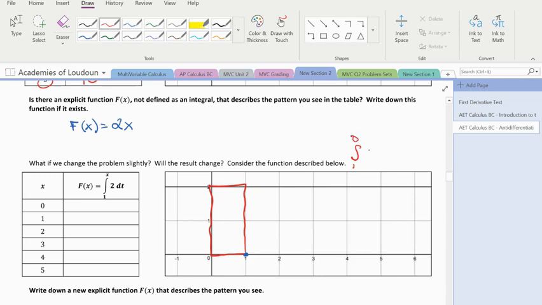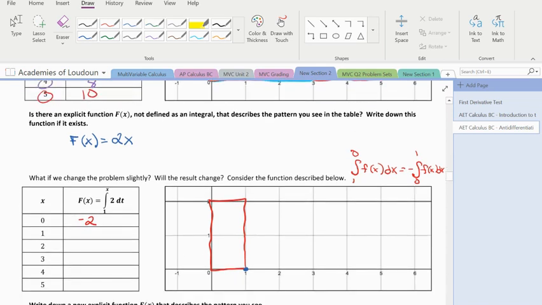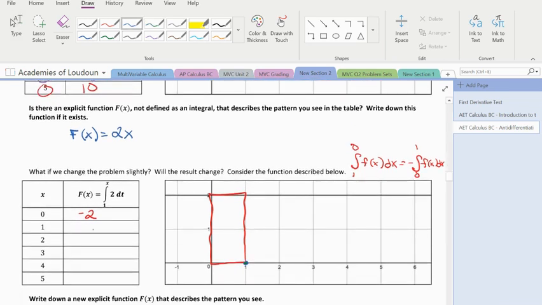And if I'm working backwards, we're going to use this property. We have the integral from 1 to 0 of f of x dx will equal the negative integral from 0 to 1 of f of x dx. So that means this area will be negative 2. Now, if I'm going from, again, 1 to 1, I can see that my area is going to be 0.